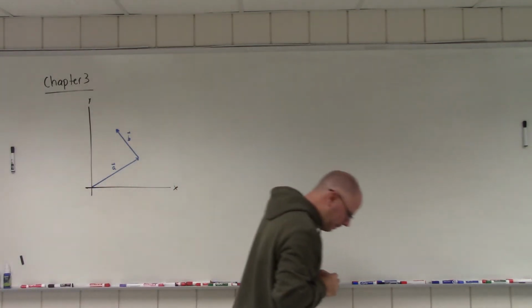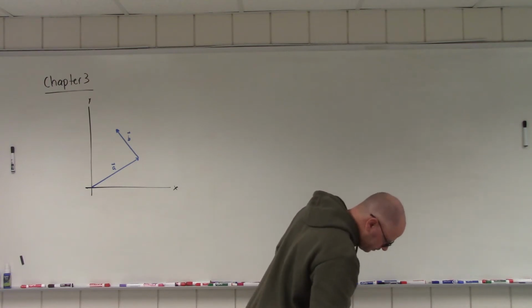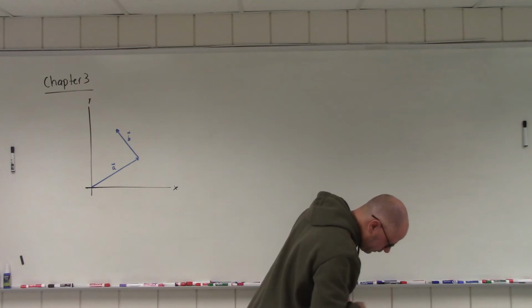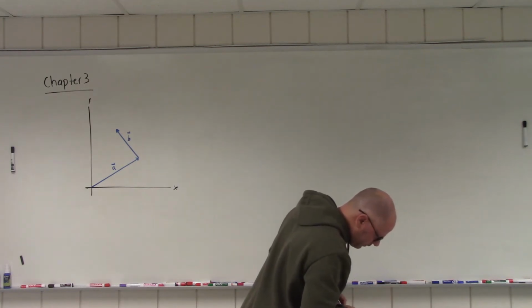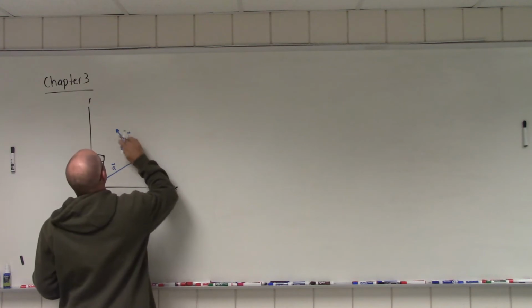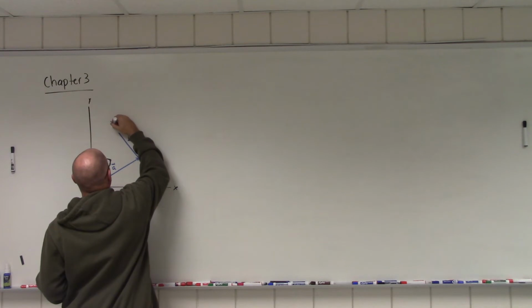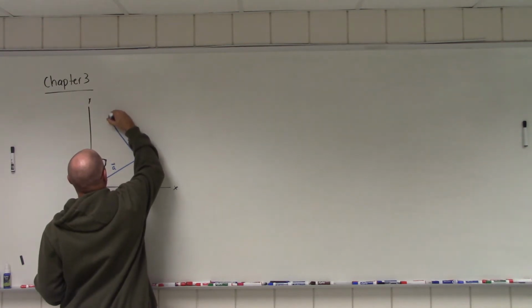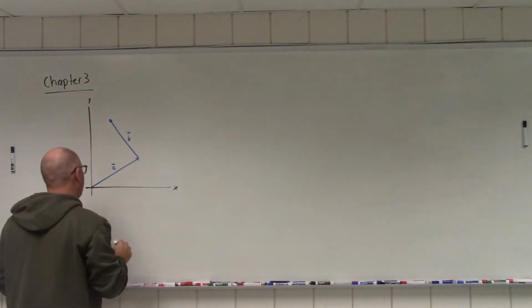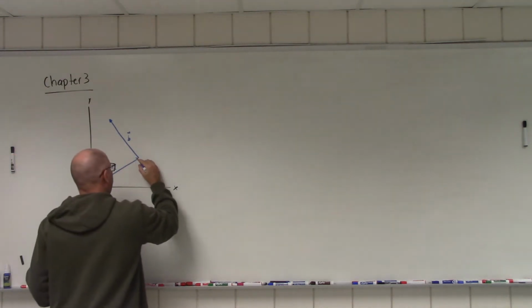Okay? All right. Well, they have equal magnitudes of 10. This was not long enough. Okay, so they're both 10 long. It turns out that this is a 30-degree angle here.